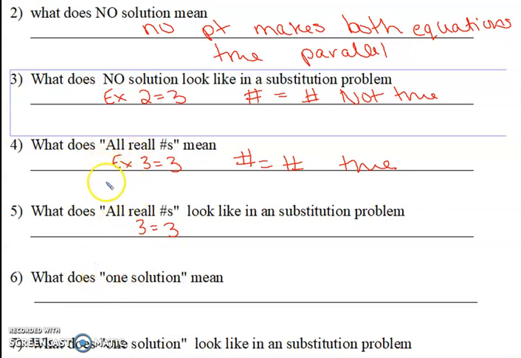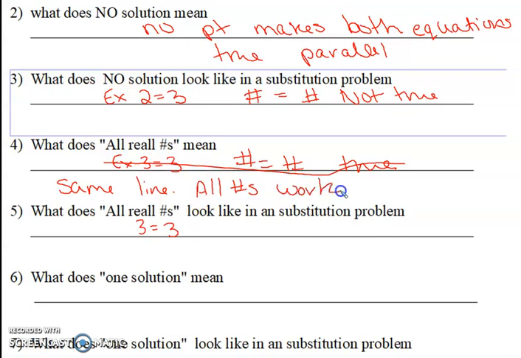I put the wrong thing here. All real numbers means it's the same line. All numbers work.